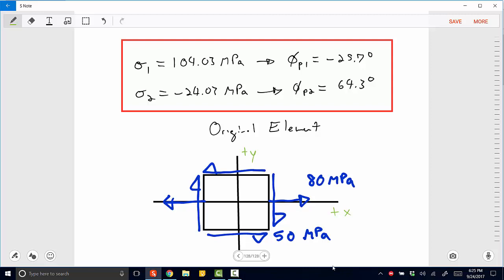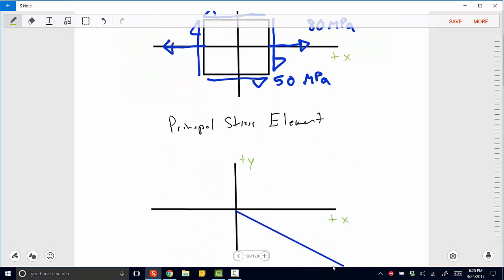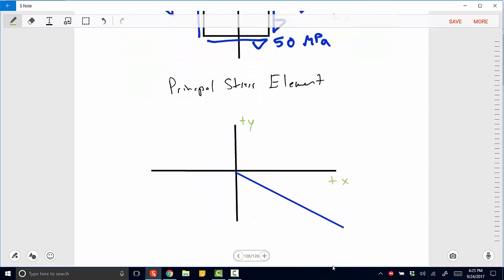Let's start with phi p1. So the phi p1 from the positive x-axis, let's go and draw that. Since it's negative 25.7, we are going to be going clockwise here to indicate that negative value, clockwise from the positive x-axis, right?